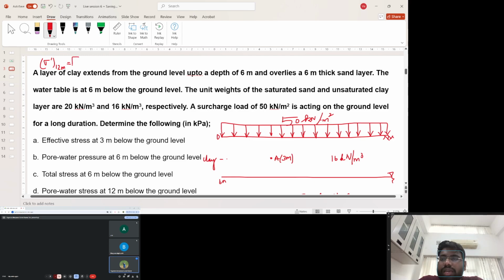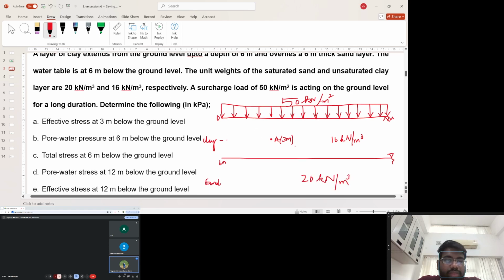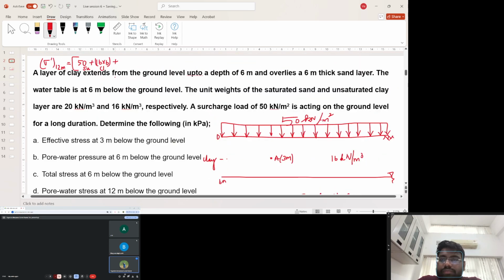Total stress should be calculated first, which is 50 plus 16 into 6. This is for surcharge, this is for clay, plus 20 into 6. This is for sand. This is the total stress.